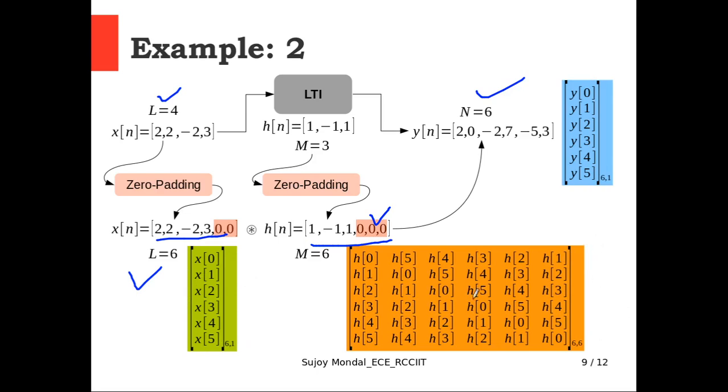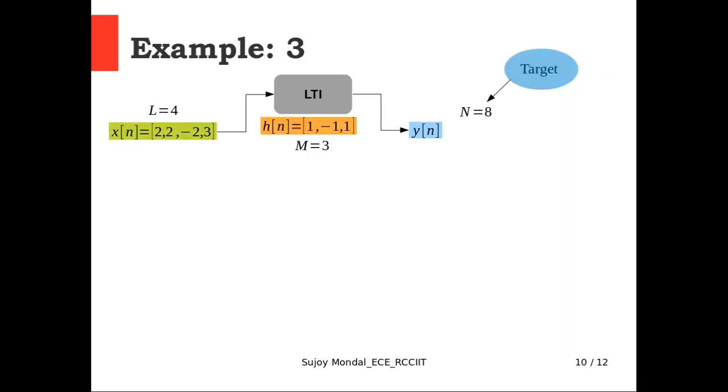If you multiply the matrix with the vector, since this is 6 by 6 and this is 6 by 1, the output would be 6 by 1. You will get exactly this output. That verifies that circular convolution can produce the same answer as linear convolution with a specific constraint: both sequence lengths should be the same as the linear convolution output sequence length.